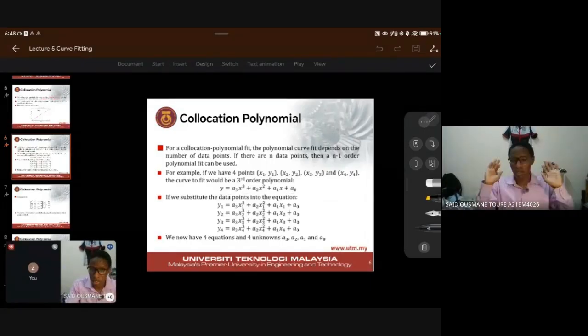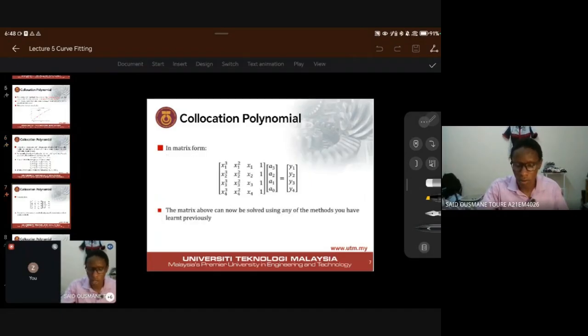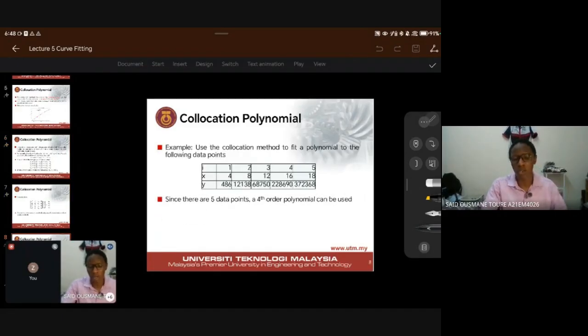You don't know yet what the equation looks like. You key in the values for different X: X1, X2, X3, X4. From there you get the unknowns, and from there you get the equation, and just key the value.